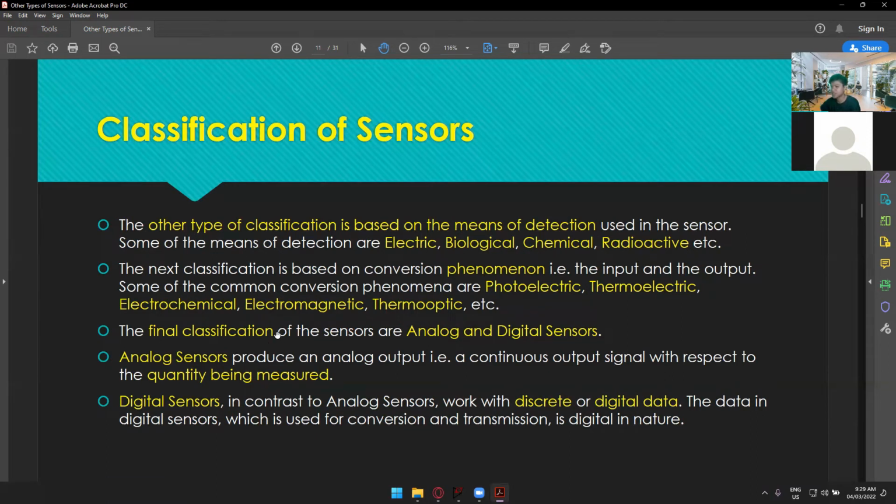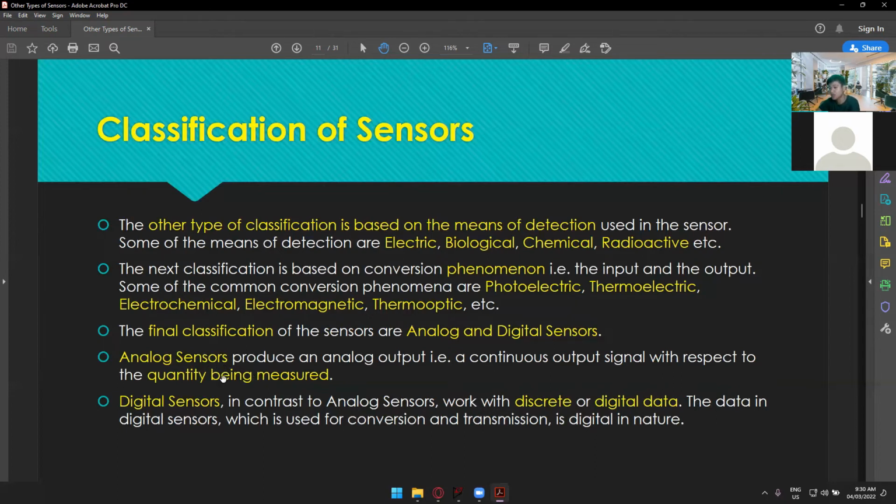And then the final classification of sensors is analog and digital sensors, which we have already talked about in our past modules. Again, to review: analog sensors produce an analog output, for example a continuous output signal with respect to the quantity being measured, a physical or mechanical thing.